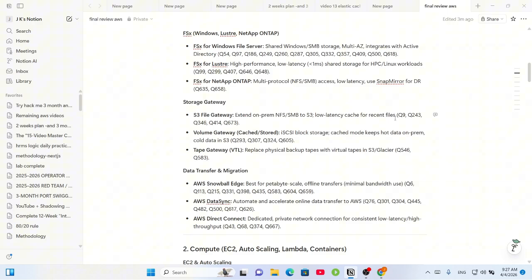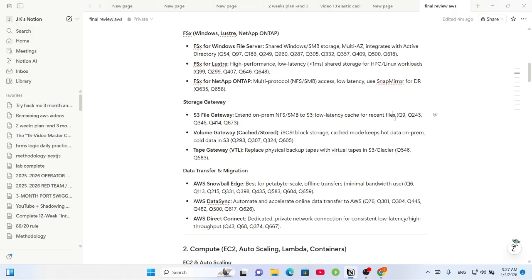Okay, Volume Gateway, it's cached, stored, iSCSI block storage. Cached mode keeps hot data on premises, cold data on S3. The difference between these two is that S3 File Gateway just keeps the cache of recent files and moves everything to S3, extending the on-premises NFS and SMB.